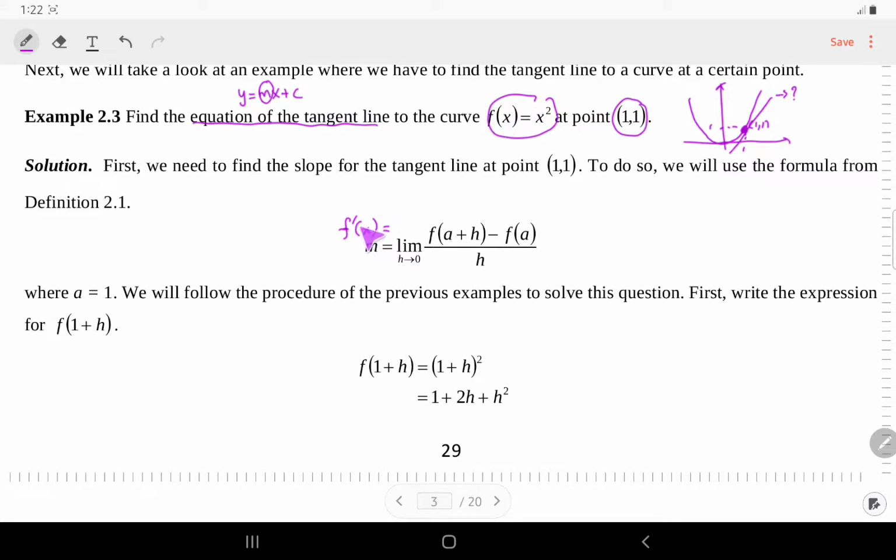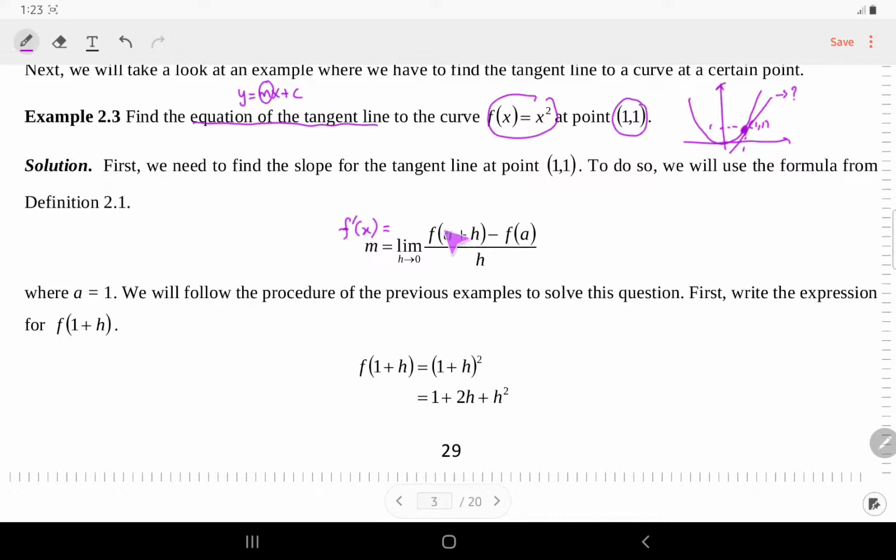So in order to find the differentiation of this function, we need to use the first principle. Okay, and one more thing. If you look at this formula, there is a difference between the formula dekat dalam first principle just now.